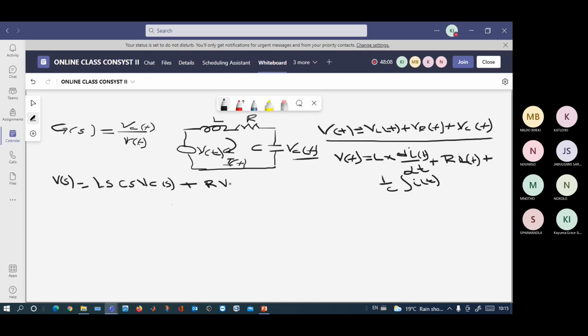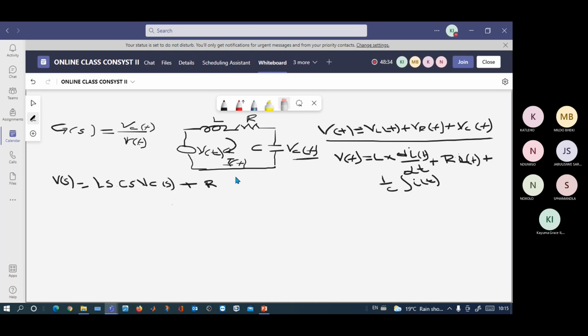Let me just try to do it like this. What is the value of the current there? Let's replace now the current also there. So this is going to be R times what?